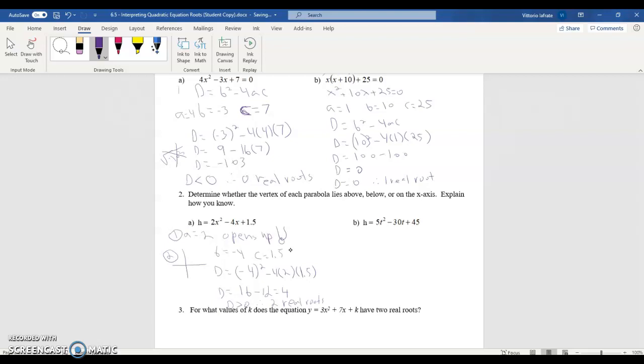So what that means is that our vertex must be below the x-axis for the parabola to actually cross the x-axis on its way up. If it was above and it opened from the top, it wouldn't hit the x-axis. So based on the discriminant and based on the way that it opens up, we're able to conclude that the vertex lies below. So we'll do another example in the next video and conclude this one as well in the next video.